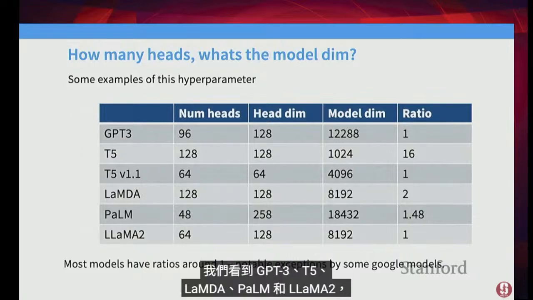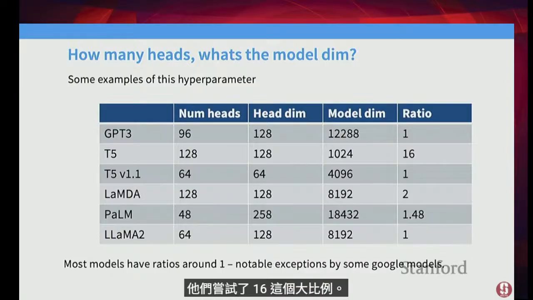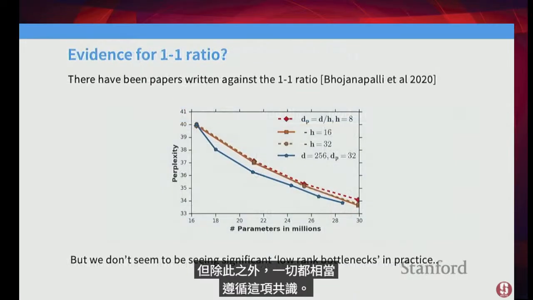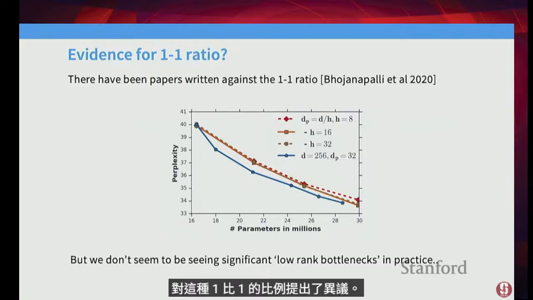We see GPT-3, T5, LaMDA, PaLM, and Llama 2. They all have a ratio of 1 or almost exactly 1. T5 is the one exception that breaks this rule. They tried the big ratio of 16. But otherwise, it is all fairly following this consensus. There have been a couple of papers that have argued against this 1-to-1 ratio.